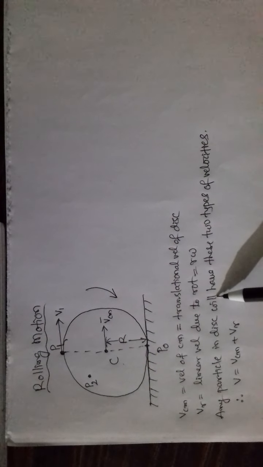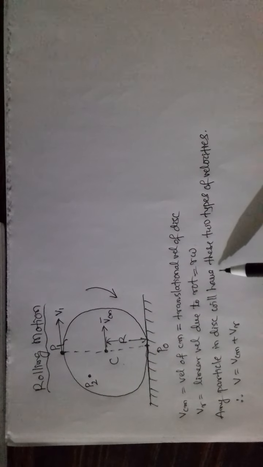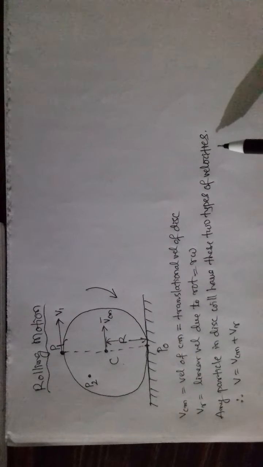Now, any particle in the disk will have these two types of velocities. Since it is moving from one place to another, it will have translational velocity, and it is rotating with some angular speed.